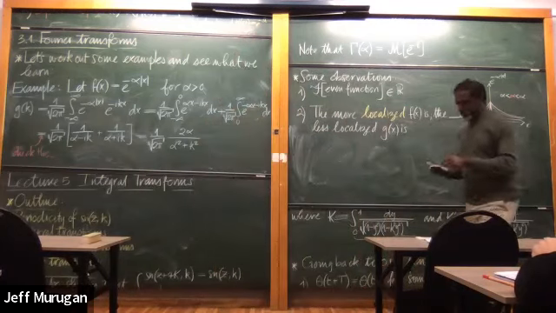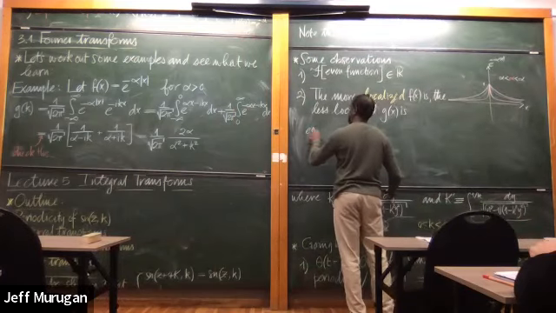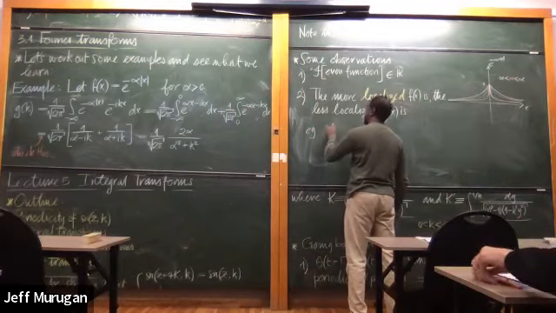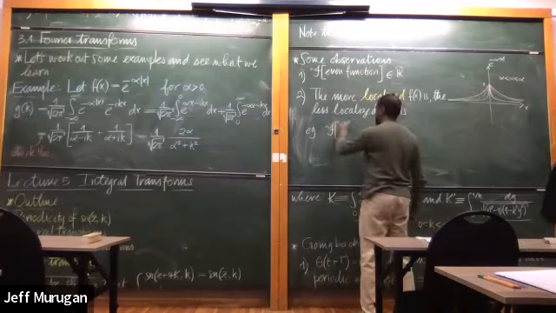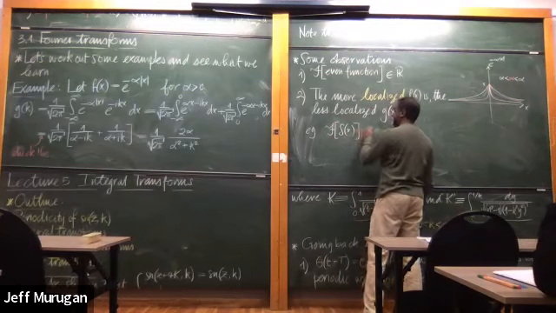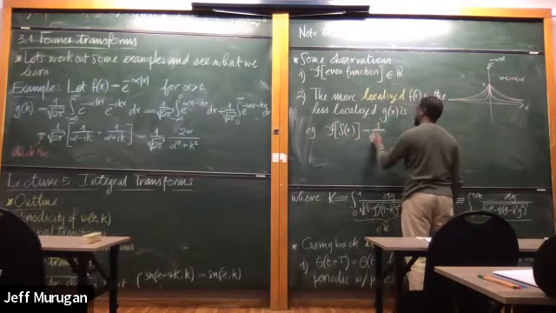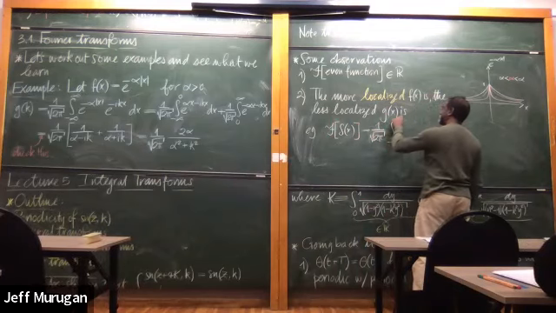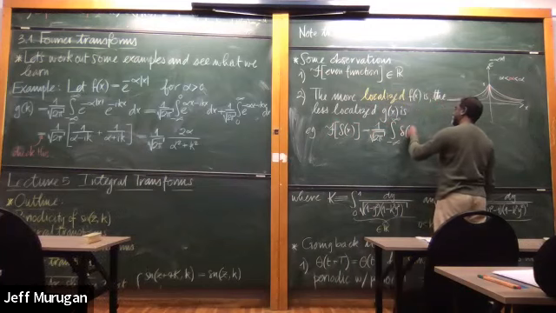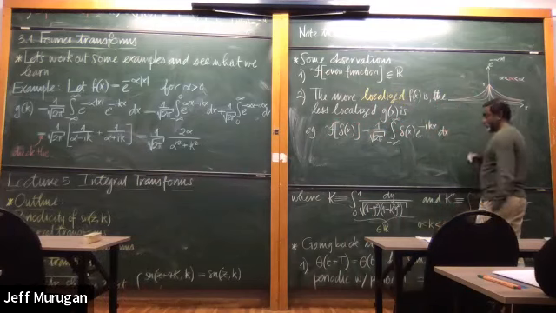So if I calculate the Fourier transform of the delta function of x, this is just 1 over root 2 pi times the integral from minus infinity to infinity of delta of x e to the minus ikx dx.